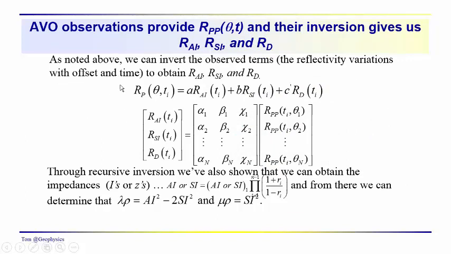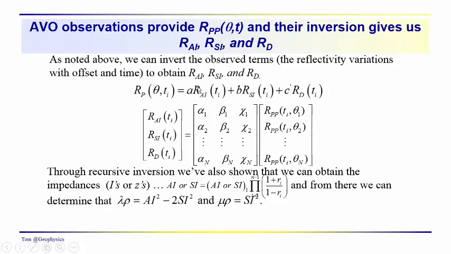Now, as we talked about, our AVO observations provide these R sub pp of theta and t sub I. At a particular time t sub I, we can take the amplitude variations that we see as a function of theta, and we know what these coefficients are. We can calculate these coefficients.